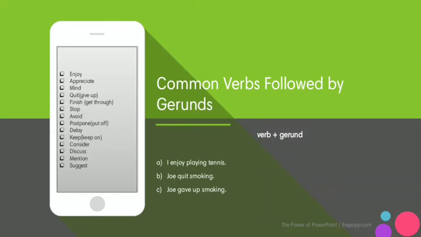Gerunds are used as the object of certain verbs. In example A, enjoy is followed by a gerund, playing. Enjoy is not followed by an infinitive. Common verbs that are followed by gerunds are listed below.